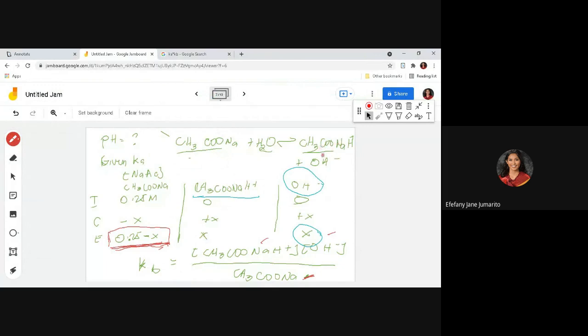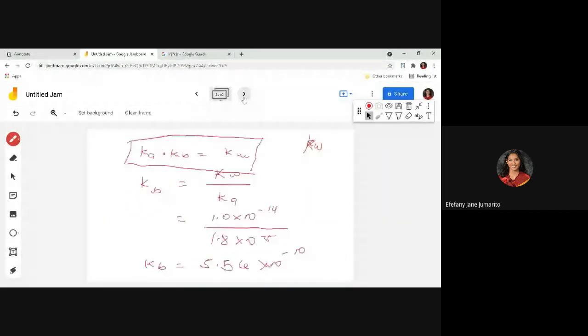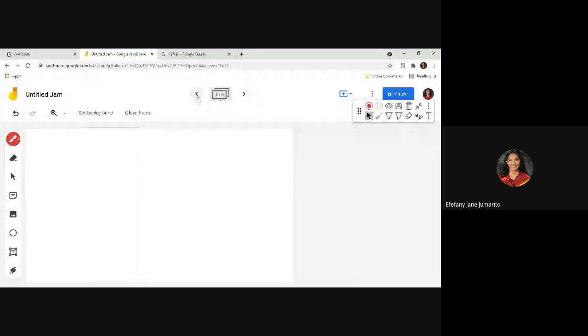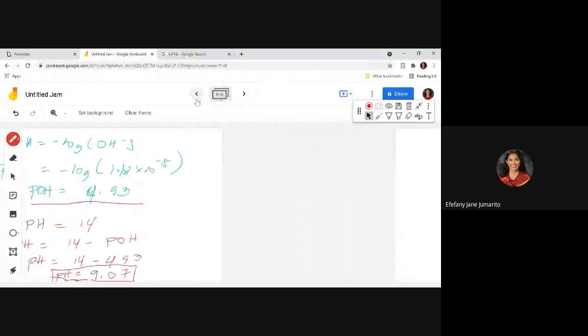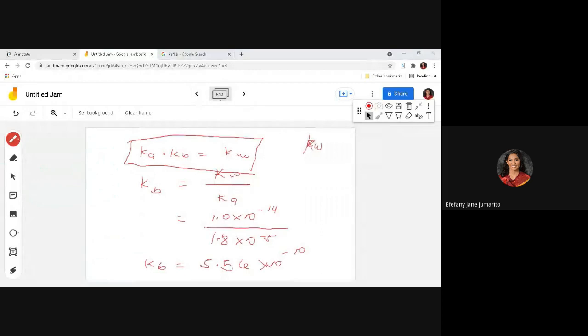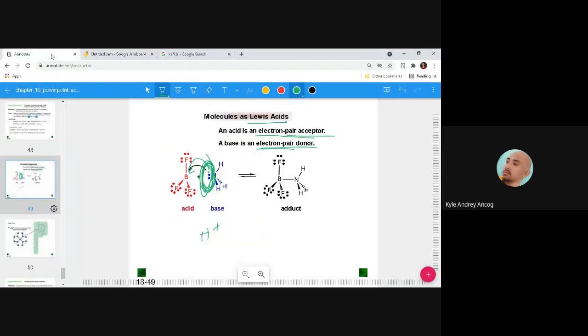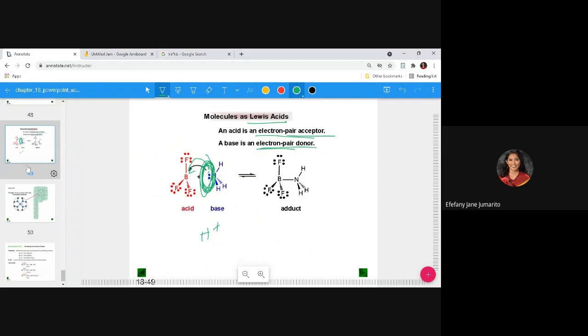Arrhenius and Lewis have the same products, just that Lewis talks about electrons and Arrhenius talks about protons. Okay, am I clear or lost? Isn't Bronsted-Lowry about protons, ma'am? Arrhenius, it's Arrhenius. Bronsted-Lowry? Okay, this one is electron acceptor and electron pair donor.